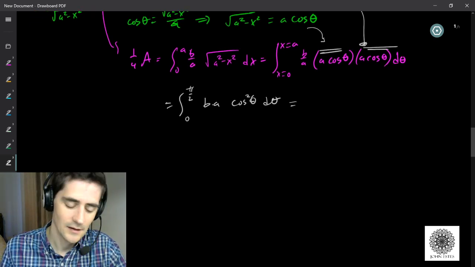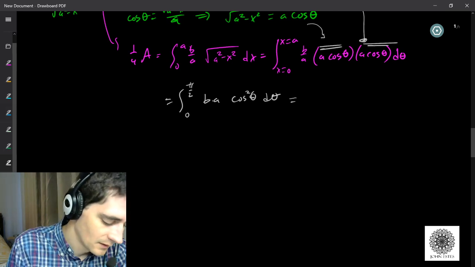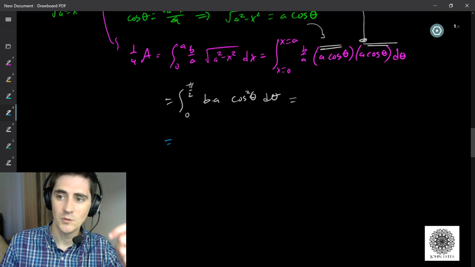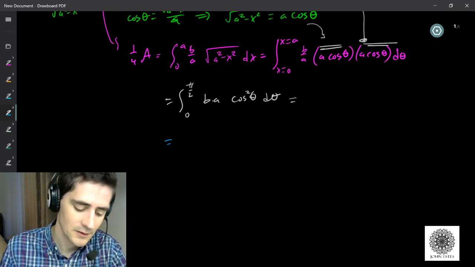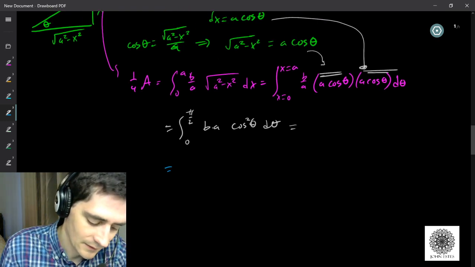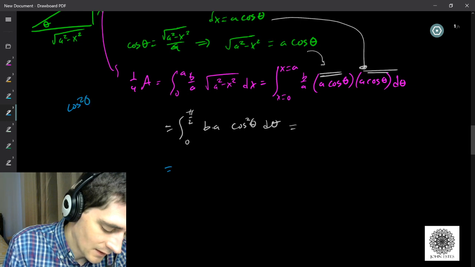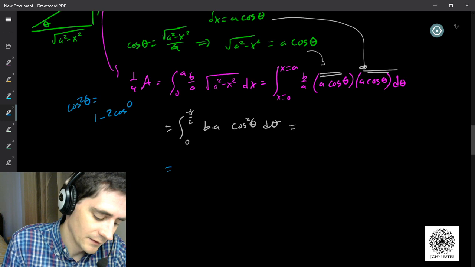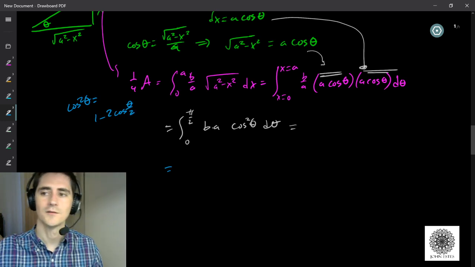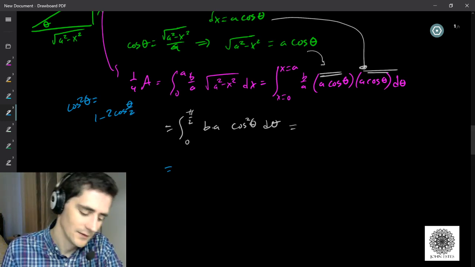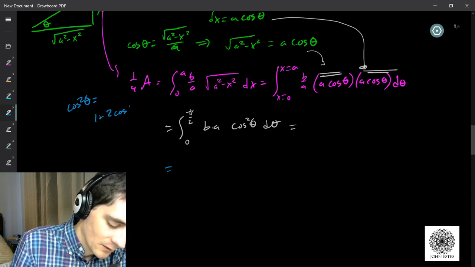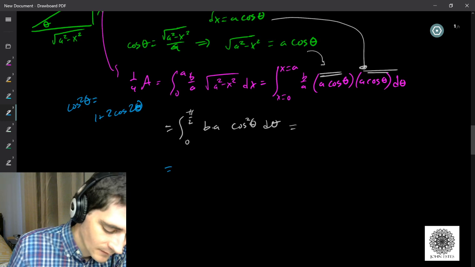Now, how do you integrate a cosine squared? That's a good question. We did that in the last section. That's where you have to remember what we call the reduction formula. You have to remember that cosine squared theta is the same thing as 1 plus cosine 2 theta over 2. Sorry, I misspoke earlier.